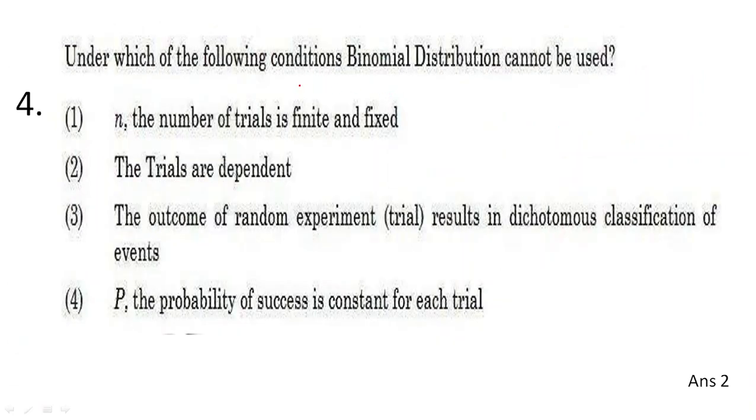Moving on to the fourth question: under which of the following conditions can binomial distribution not be used? Binomial distribution is simply the one which takes two results, success or failure, right? Only two results.